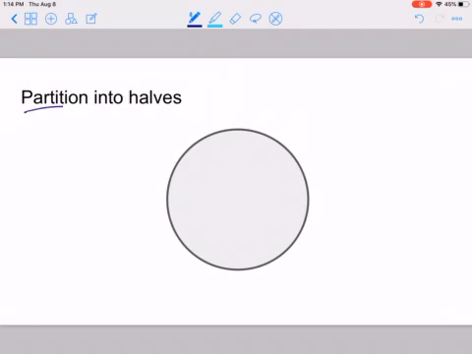So we're going to partition this circle into halves, okay? Halves is any whole object. The whole object is this. The whole circle. When we partition it into halves, we are partitioning it into 2 equal pieces. Let me try that again.